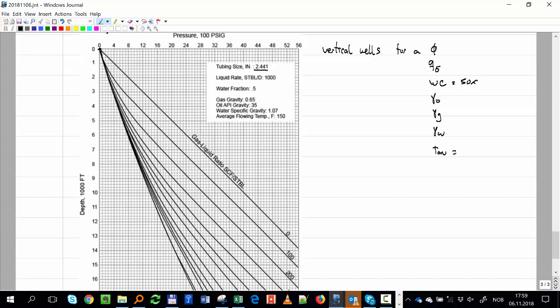For all of those, they pre-compute that curve, and that curve tells you the pressure, for different gas liquid ratio. Gas liquid ratio is Q gas divided by Q oil plus Q water, but it's essentially the same.